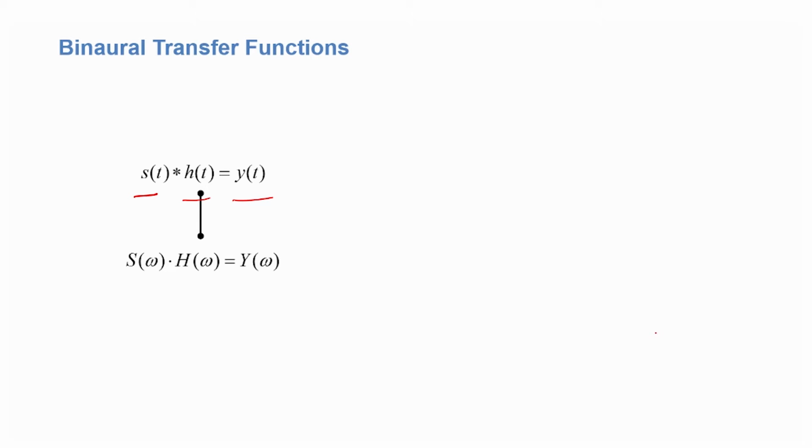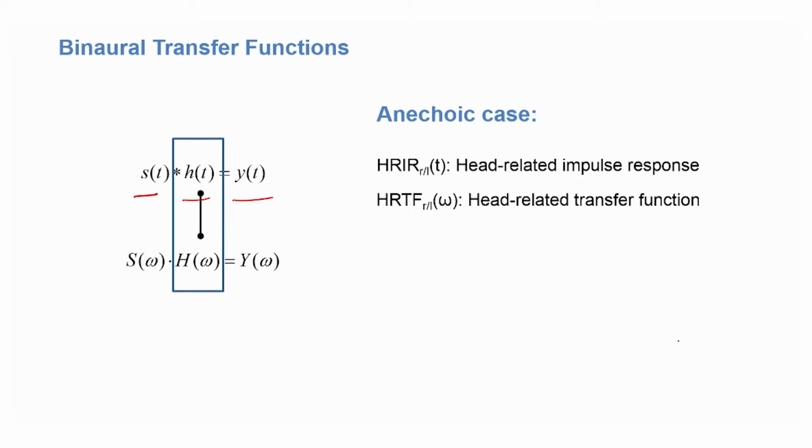For a system for binaural synthesis, the important part are these transfer functions, describing the sound propagation from a point in space to the human eardrum. If these transfer functions are measured in an anechoic environment, they just describe the properties of the human ear as a receiver, and we call them head-related impulse response in the time domain or head-related transfer function, or HRTF, in the frequency domain.